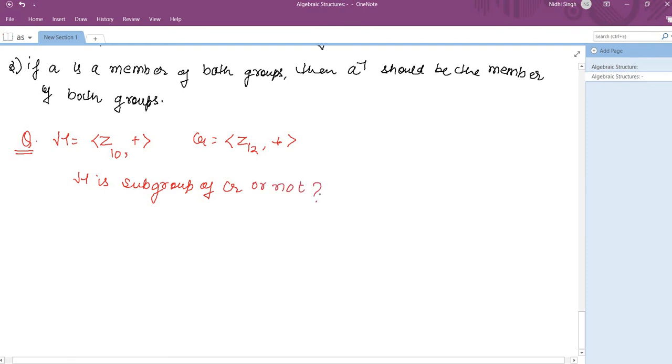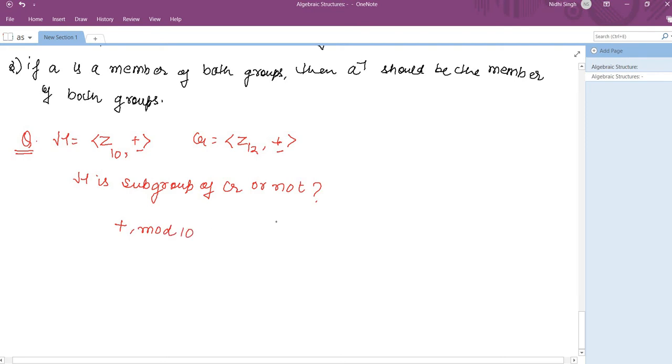Okay. So in this case, first we have to find out the operation is same or not. The operation associated with the H and the operation associated with G is same. Okay. Now there are two types of operation involved in this group. The first one is addition and the second one is mod 10.